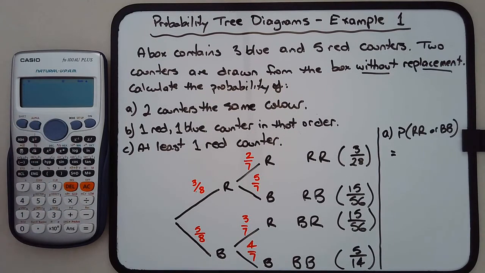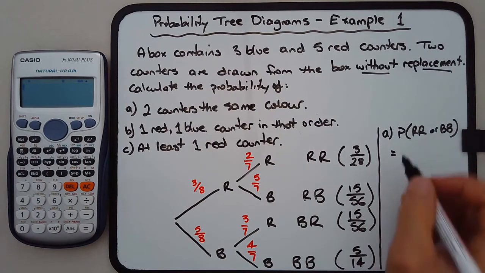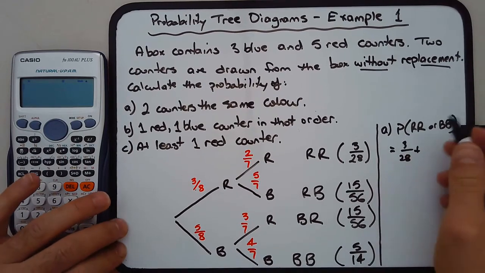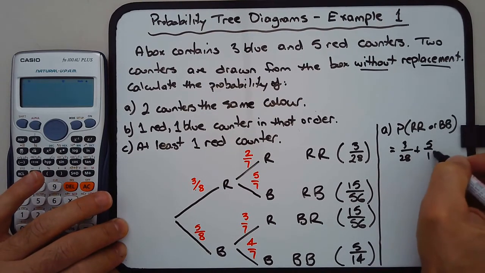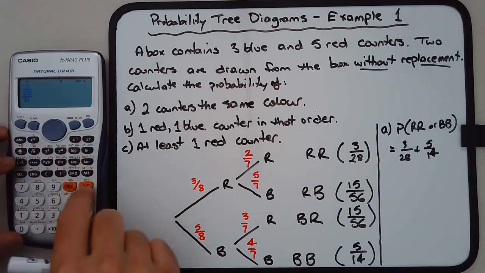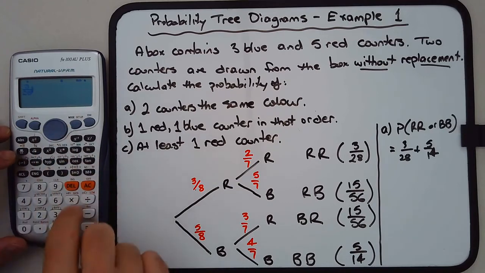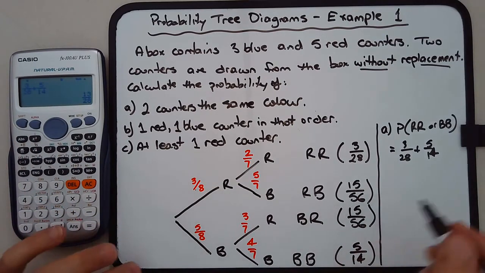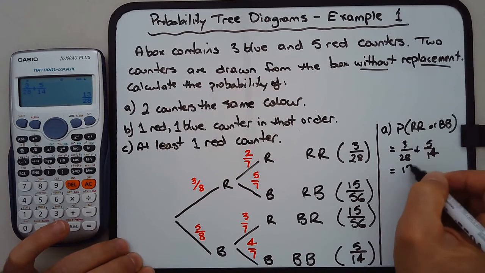Remember that an event is a group or set of outcomes that we favour. So 3 on 28 plus 5 on 14 gives us 13 on 28.